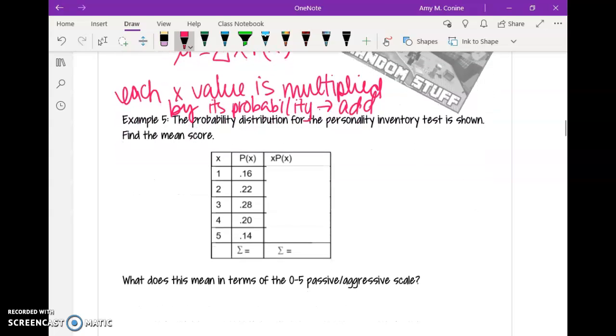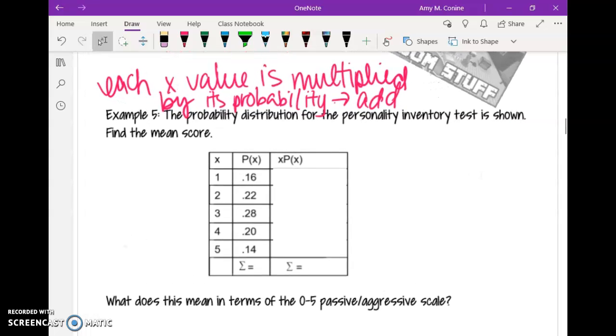So for example 5, the probability distribution for the personality inventory test is shown. Find the mean score. So if we have our table, we have our random variable, and we have the probability. Okay, so we would just take our variable times our probability.